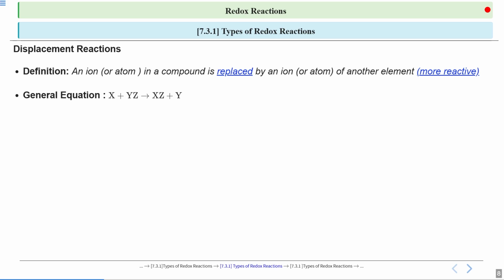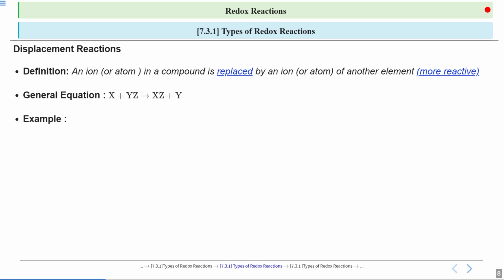If you consider that X and Y must have different oxidation or reduction potentials, that is why the replacement, the displacement, is taking place.